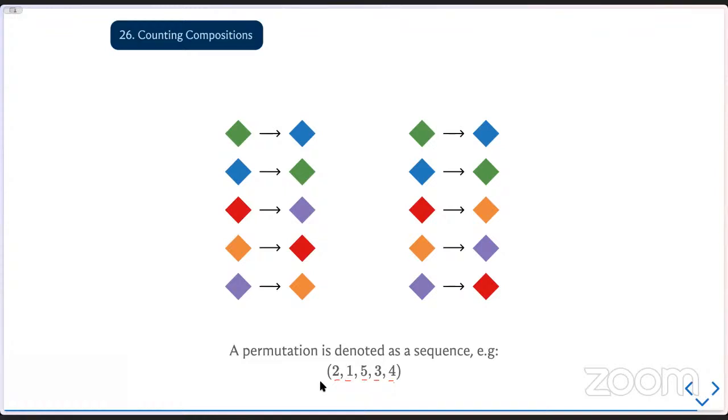And the number that is sitting at that index is the range of the permutation. Well, the domain and the range are both 1 to 5. What I mean is, think of the number sitting at the ith index as the value of sigma at i. Sigma is the permutation. That's one way of denoting a permutation. I think some people call this the one line notation, some people call it the array notation, whatever.